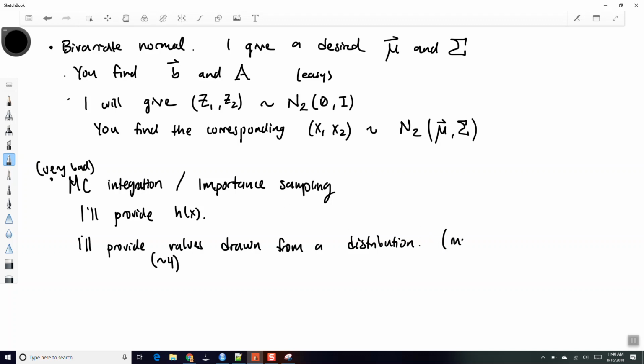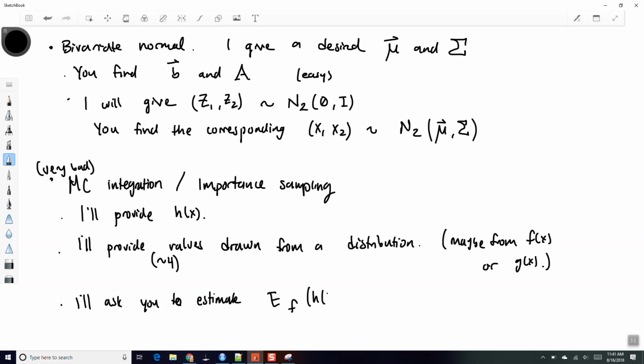So maybe from f or g of x, okay? And you'll have to figure out what to do next, all right? Then I'll ask you for the expected value of this, using the random values.